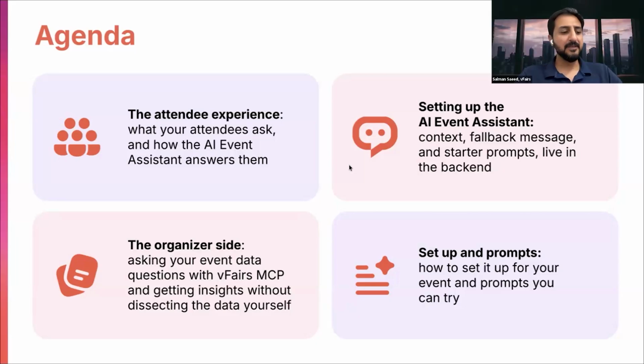Perfect. Thank you so much, Urida, for helping me explain the AI Event Assistant and the MCP server a little bit. Let me just quickly share my screen, and then we can see how it actually works. All right, so just imagine an attendee right after registration.